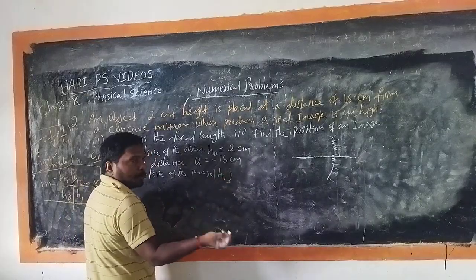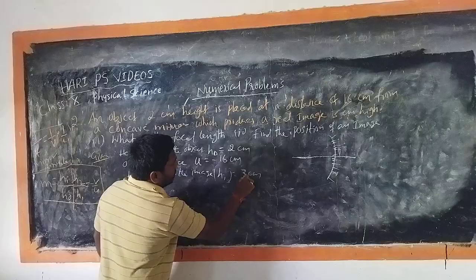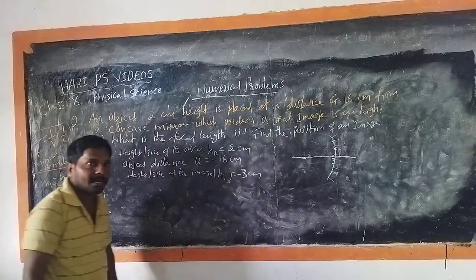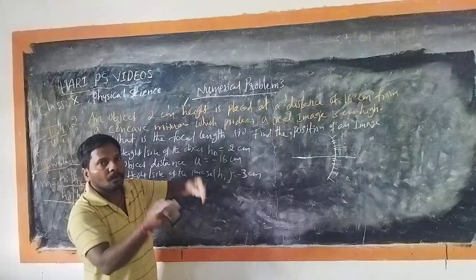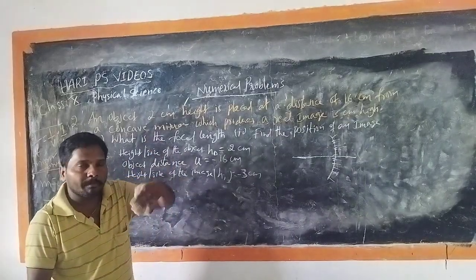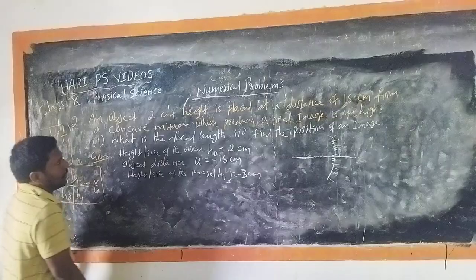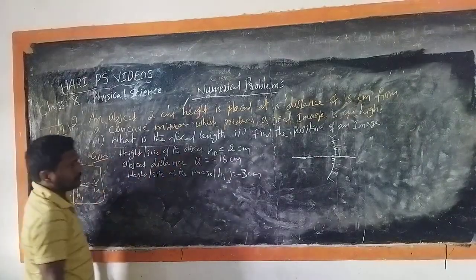Hi or H2 equals 3 centimeters. It should be minus because it forms downward. A real and inverted image forms below the principal axis. Then what do you have to find? The focal length.